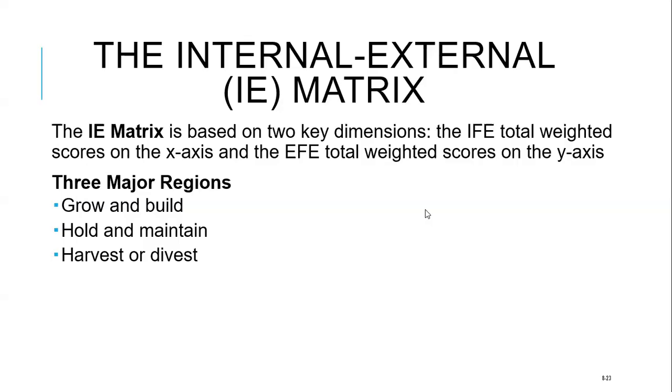Which means that the plotting on the Cartesian plane is determined by the total weighted average score for the internal factor evaluation matrix against that of the external factor evaluation matrix. And that will help you know the quadrant you are falling within. They divide the Cartesian plane into three main regions.